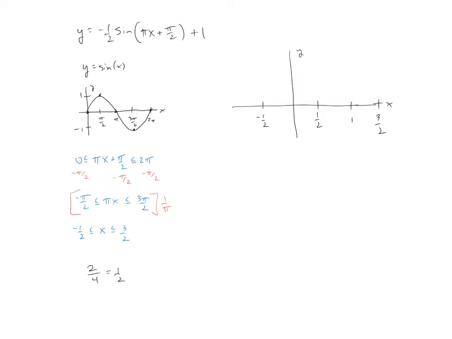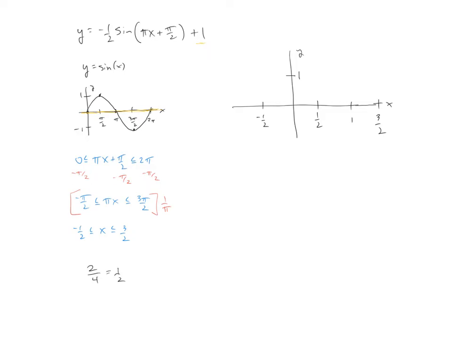All right, so then the next thing that I'd look into would be this plus 1. Again, remember, the midline for sine is also going to be the x-axis. We're going to be shifting up 1 unit. So if we put this at 1, that's going to be our new midline. Again, it's not really a part of the graph.